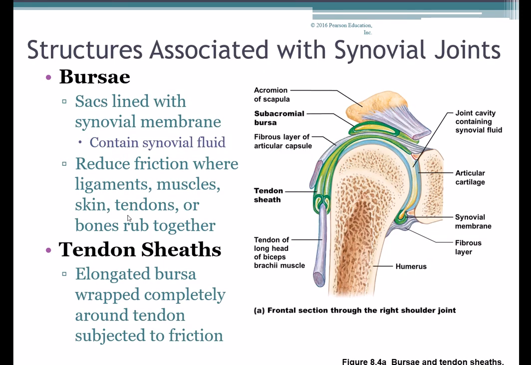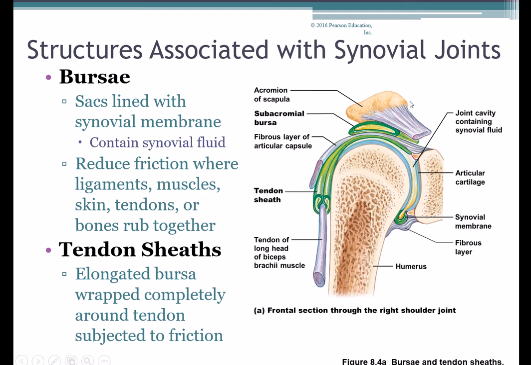We also have bursae, which are little sacs of fluid, little balloons basically, and they're friction-reducing structures as well. So we'll find them under ligaments or under tendons, under the skin, any place where a couple bones are going to rub together. They really are like little water balloons between the ligaments and tendons and the joints, so that way we have nice smooth movement.